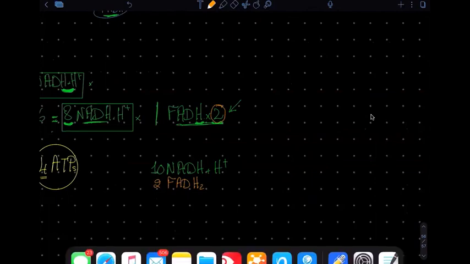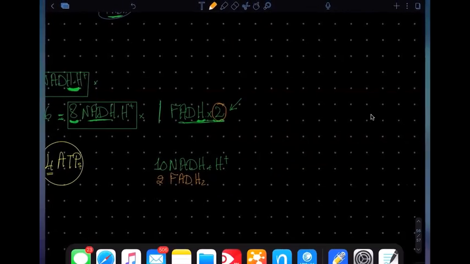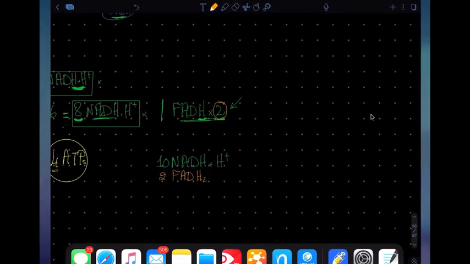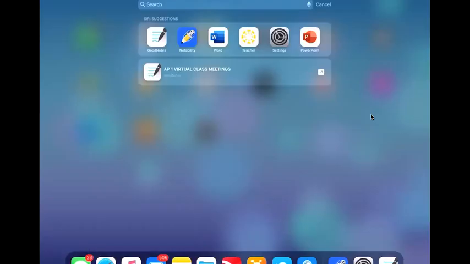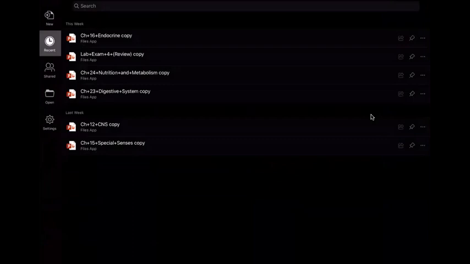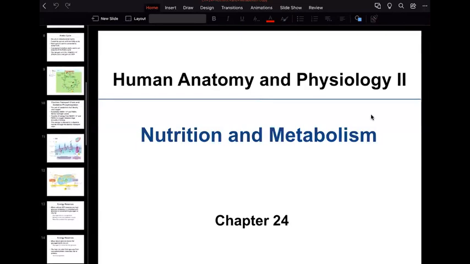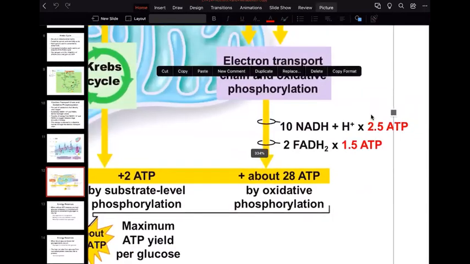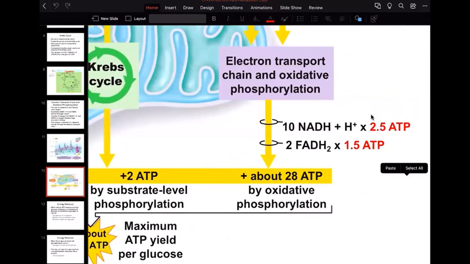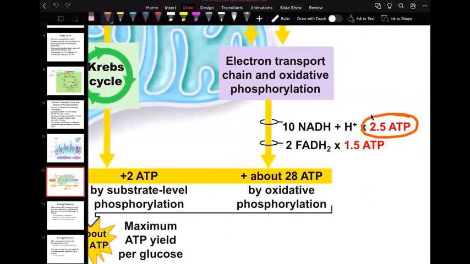All right, so what is the number of ATPs that we're going to be producing here? From each NADH as it travels through the electron transport chain, each NADH is going to be yielding 2.5 ATPs.